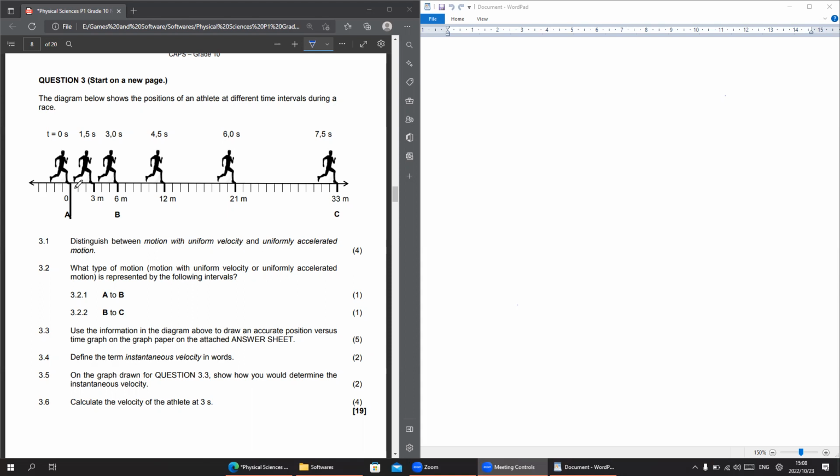So when you're uniformly accelerating, it's the same picture. You're running, but this time, let's say you're accelerating at 2 meters per second. So that means at the first minute, you'll cover 2 meters.